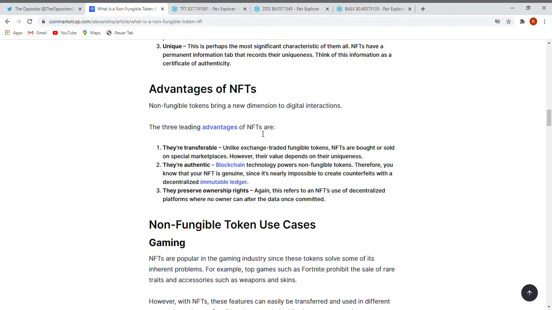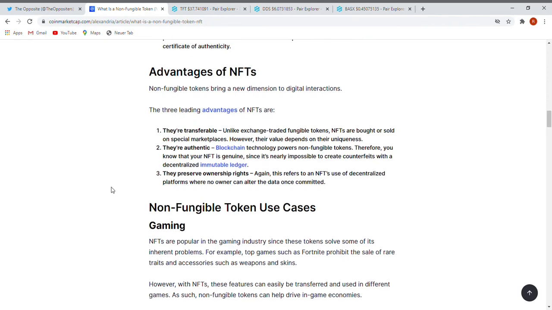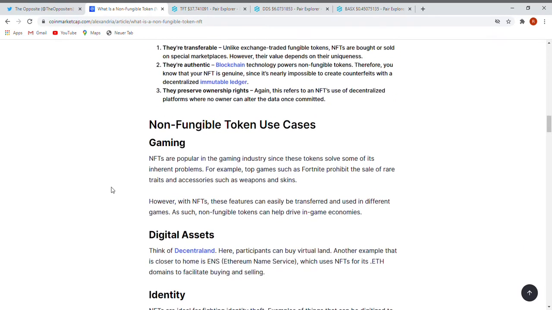The three leading advantages of NFTs are so straight up: they are transferable, they are authentic, and they preserve ownership rights. That's what makes it unique.